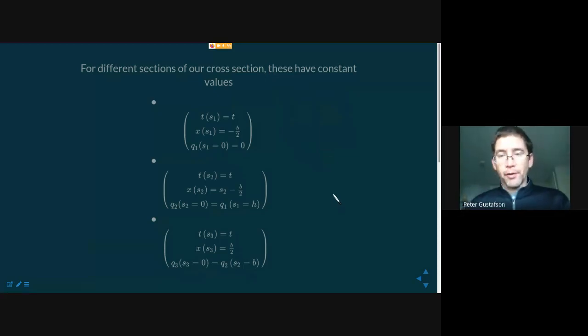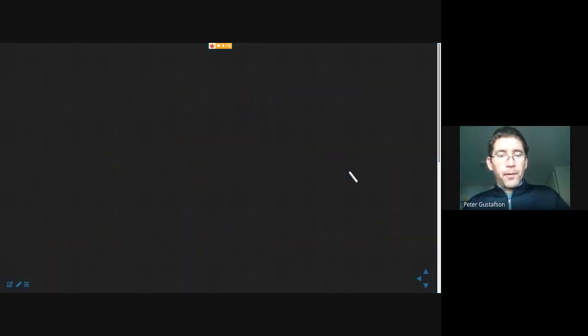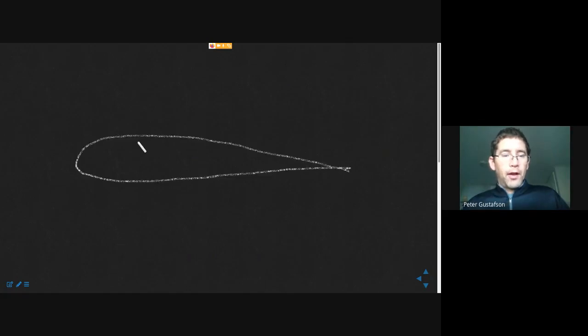Let me give you an example. Oh, terrible drawing. Let me draw it bigger. All right, here's an airfoil section. Let's say that we had a U channel in here as our principal bending load carrying spar. Most often there are actually multiple spars.